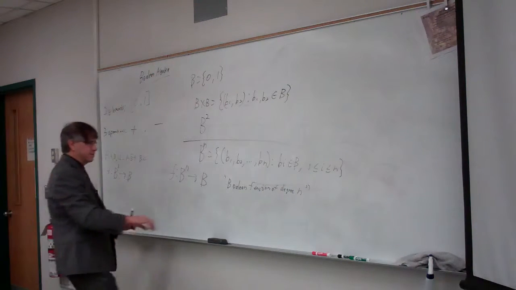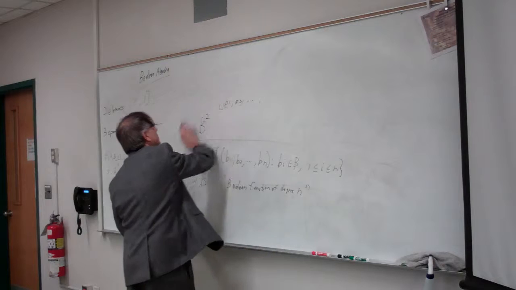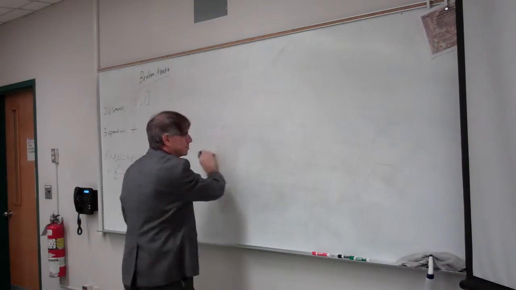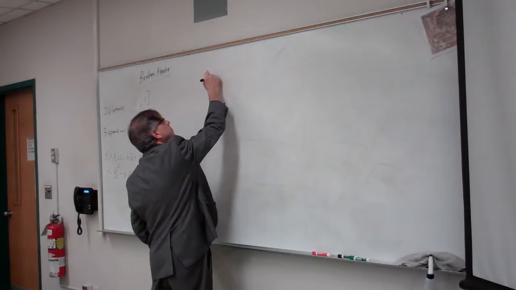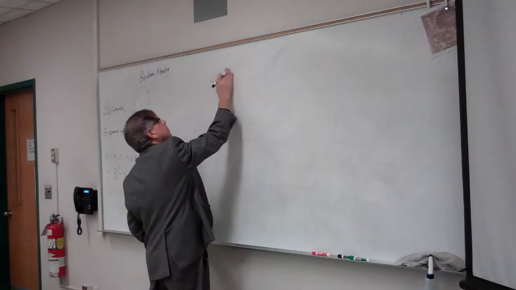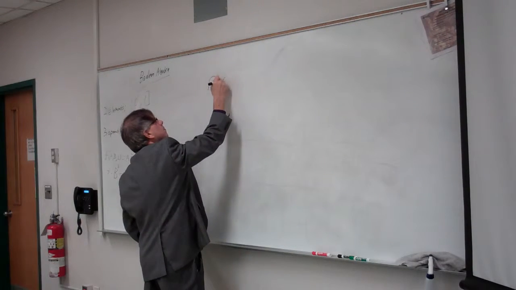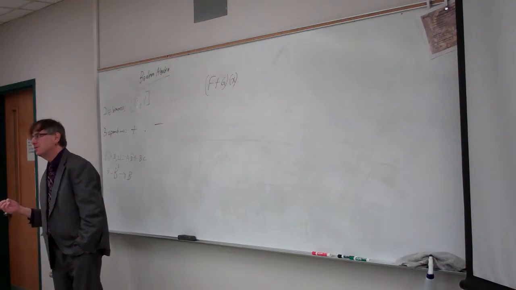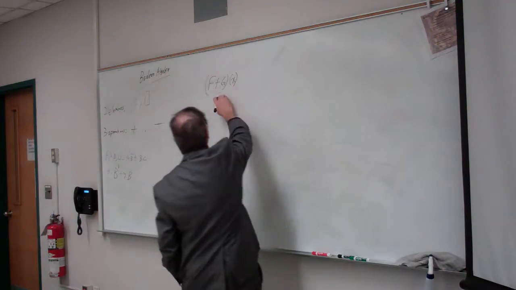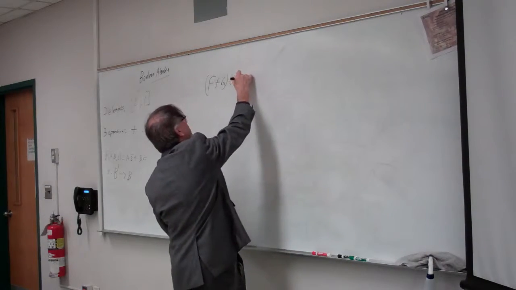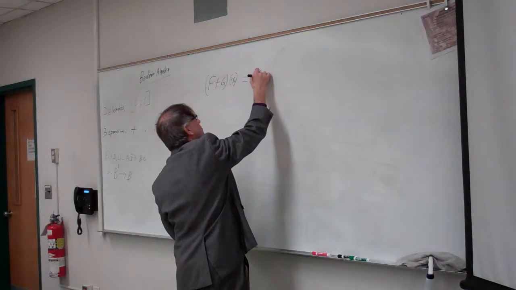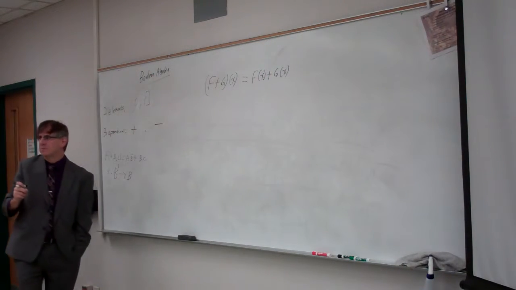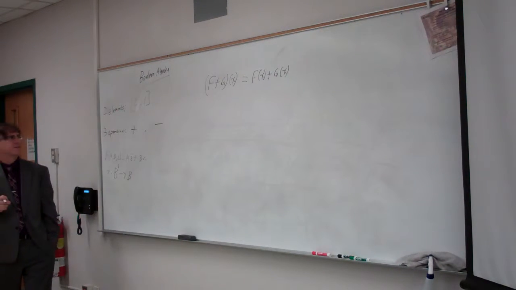So if we think of these functions, we can compose them. So if we have two functions f and g, we can define a new function which we write f plus g, and it takes an element x to the sum of f of x and g of x.